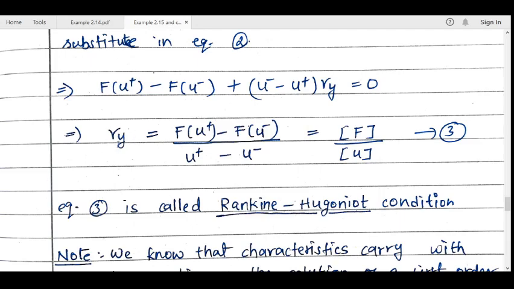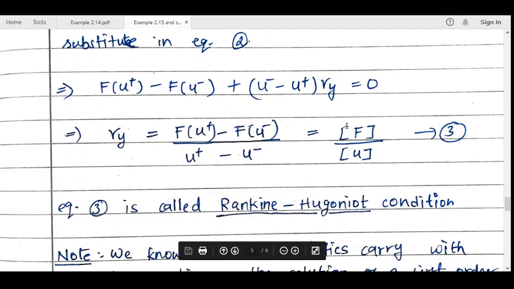It represents the derivative of gamma with respect to y. So it is equal to f of u plus minus f of u minus by u plus minus u minus. This we denote the numerator by this notation, box f, and this we denote by box u. This is a notation only, and this equation 3 is called the Rankine Hugoniot condition.